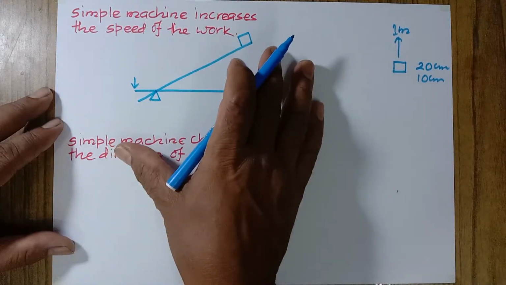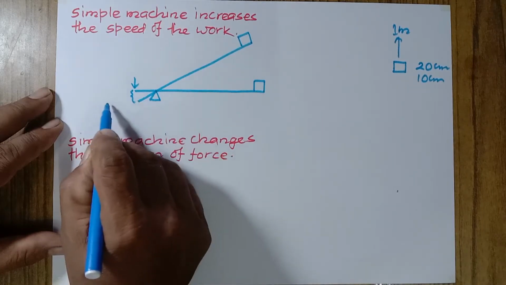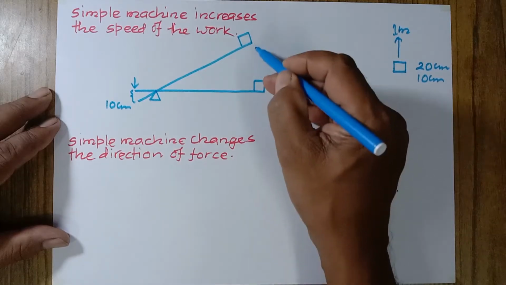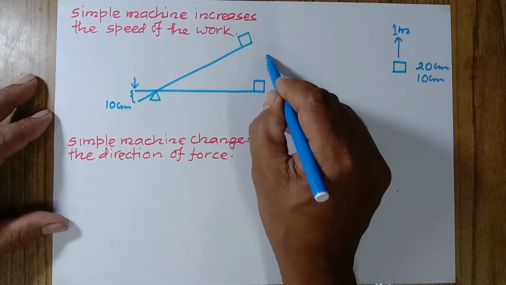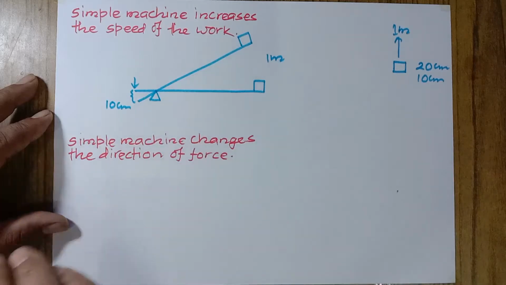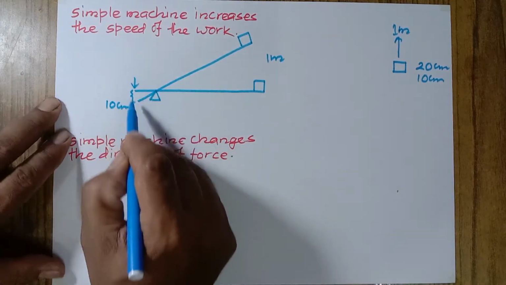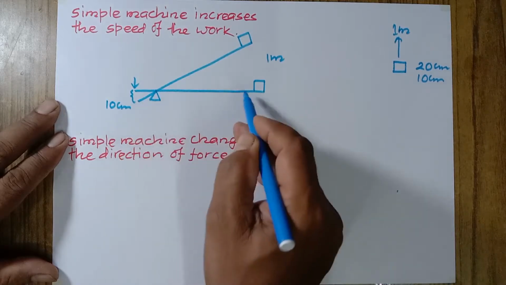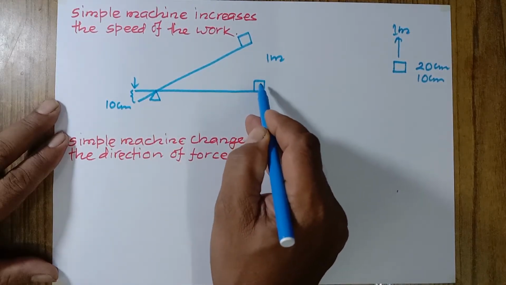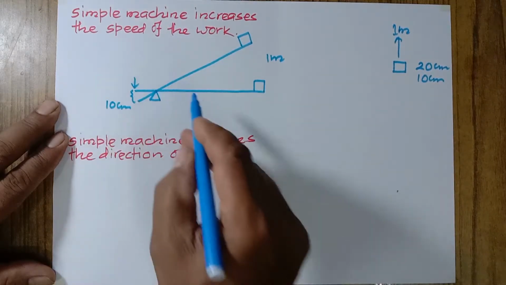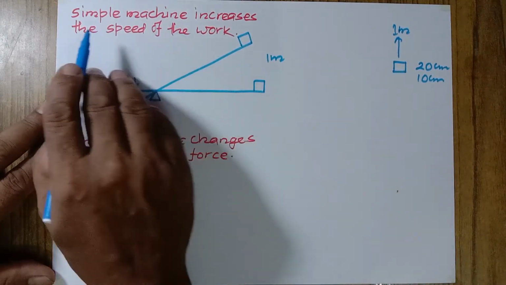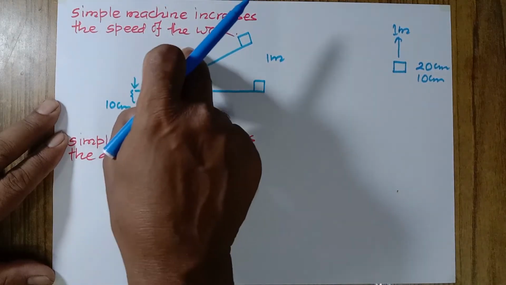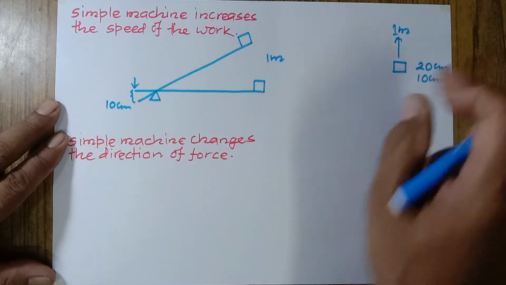Let's say this is 10 centimeters and this is very high, maybe 1 meter. So what can we say? If the effort covers less distance, and at the same time, in the same simple machine, the load is raised to a greater height, then we can say that this simple machine is increasing the speed of the work. In this case, the speed of the work is increased, which is not possible with bare hands.